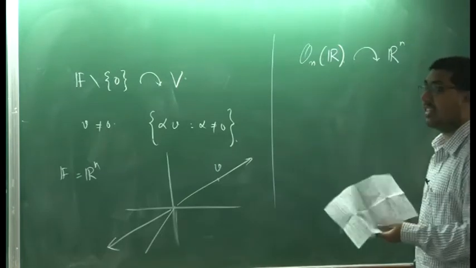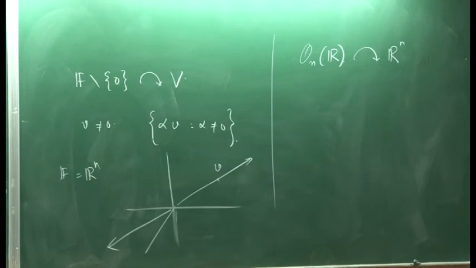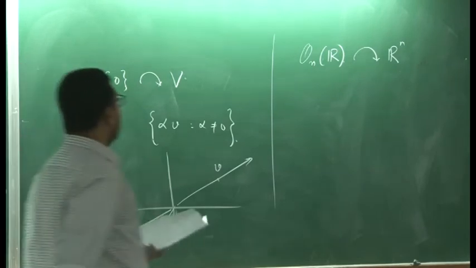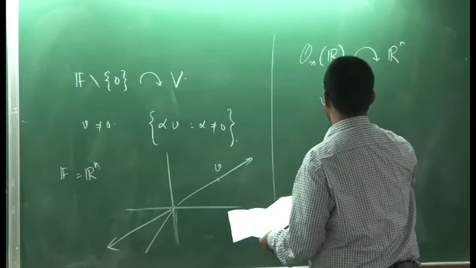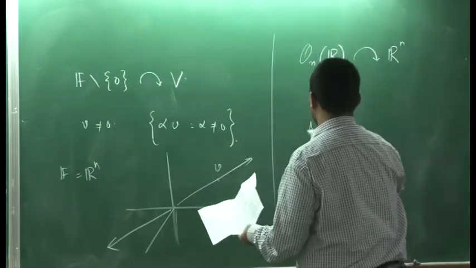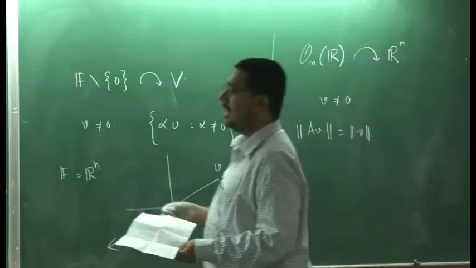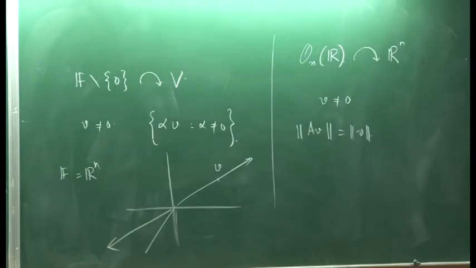So, in this action, what are the orbits? Forget about the trivial one, then what about any other orbit? If V is a non-zero vector and A is any orthogonal matrix, then the norm of AV is the same as the norm of V. So first we see that all the translates of V are going to have the same norm.